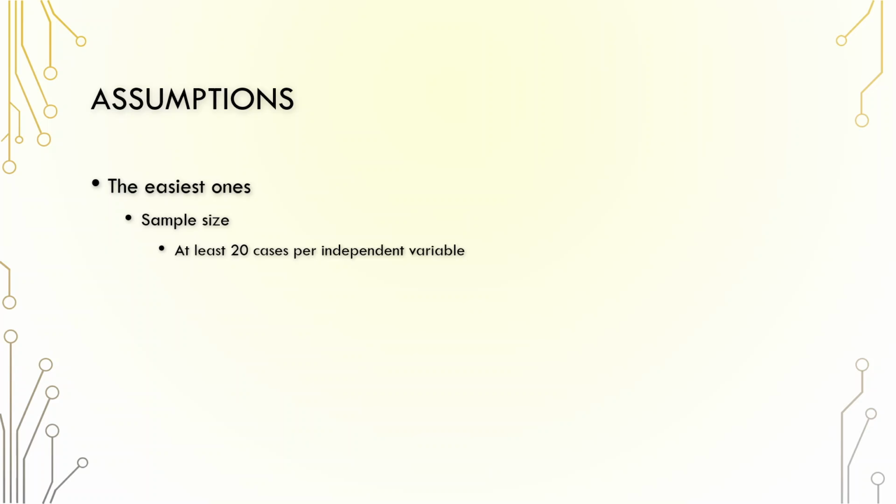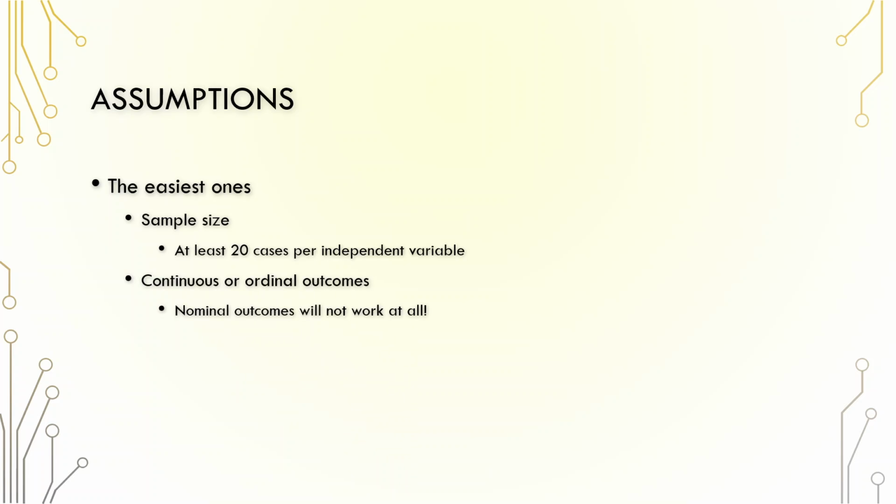So if I'm going to put 3 independent variables in my model, I need a sample size of at least 60. If I want to put 20 independent variables into my model, I need at least 400 people in my sample. That's something you want to be in the habit of counting up every time you run a model. Do I have enough people for how many independent variables I want to include?